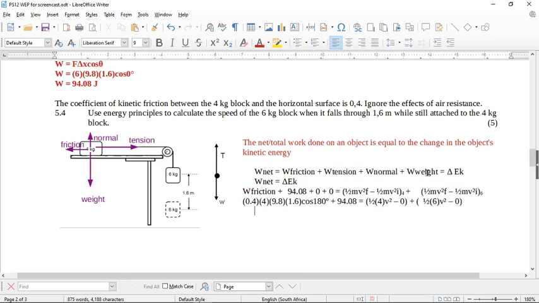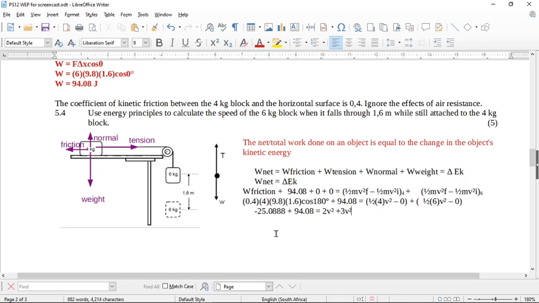So the net work, we looked at all the forces that can do work, and we looked at all the things with kinetic energy. So if we get our calculator out here, and you know this is where you must check me, I get minus 25.088 plus 94.08 equals 2v squared plus, what is that, 3v squared.